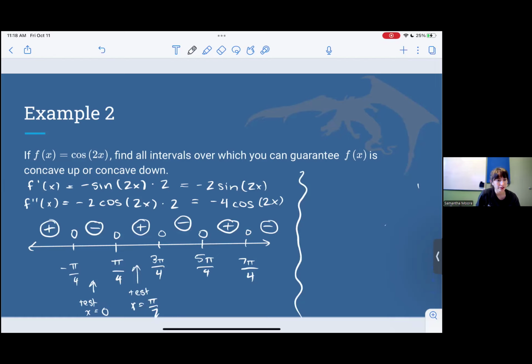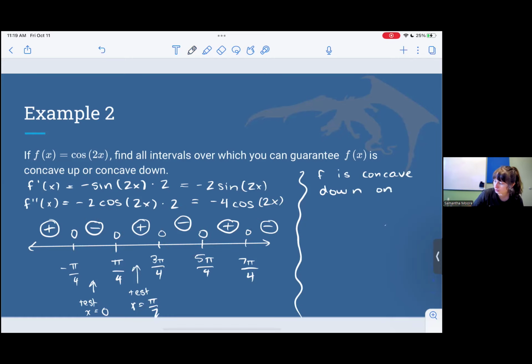So f is going to be concave down whenever f double prime is negative. So f is going to be concave down in these regions, and the pattern goes out across my full number line.